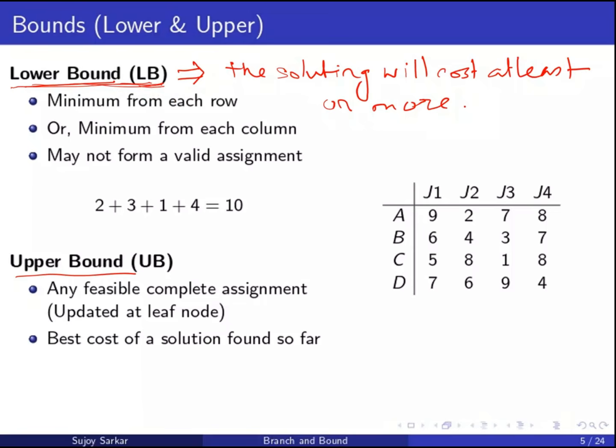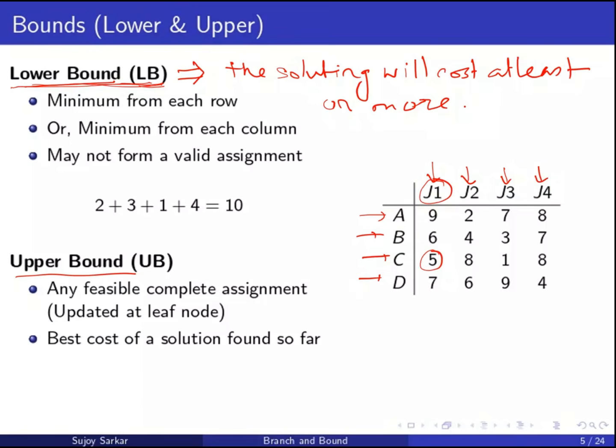So how can we estimate that? Let us see. So for example, if we look at every row or every column. Let's look at every column first. Job 1. So job 1 will cost at least 5.